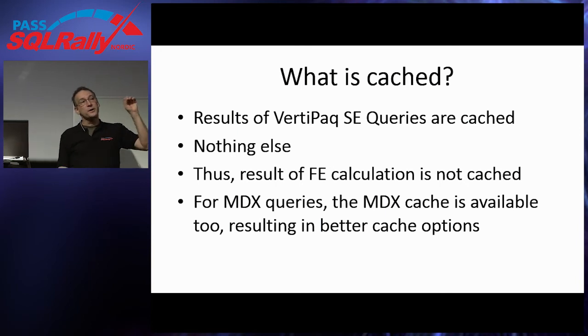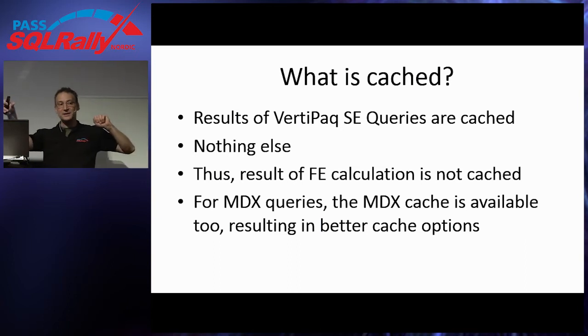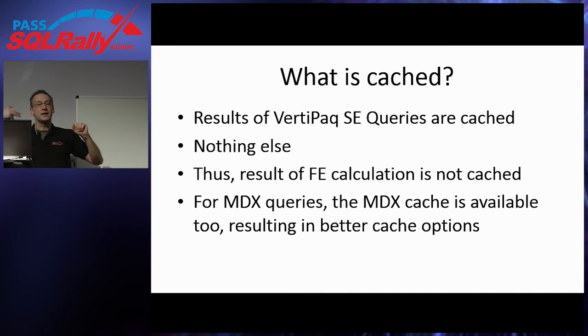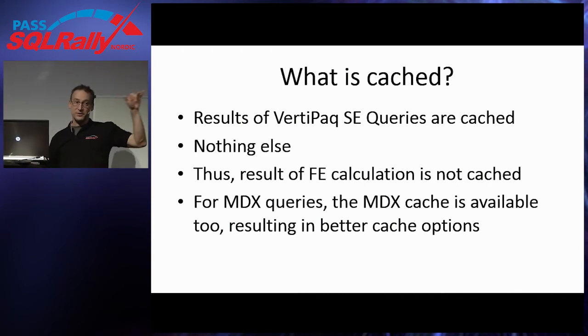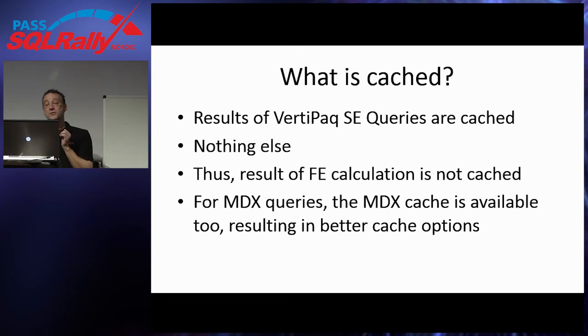So if your query runs for, let's say, 1 second in storage engine and half a second in Formula Engine, that final half a second will always be paid whenever you run the query, because the first second of storage engine will be answered by the cache, the second part, Formula Engine, will not be answered by the cache.